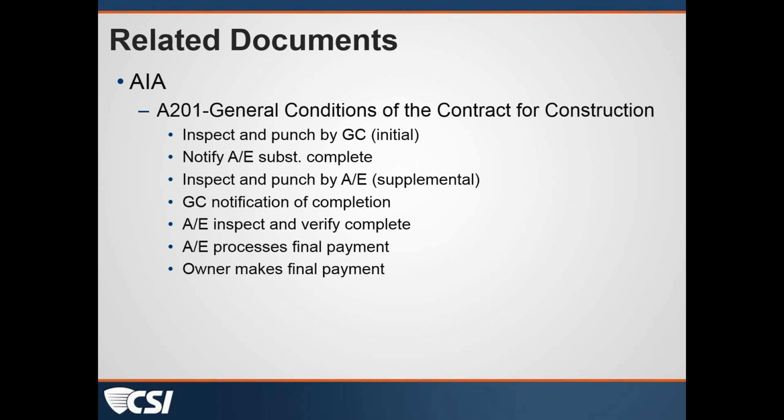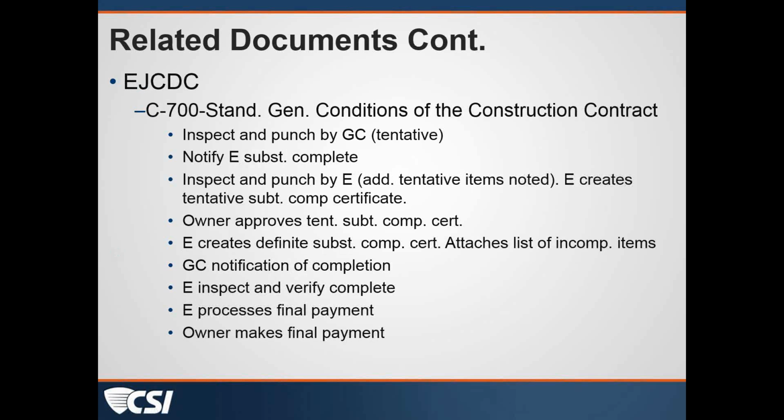Matthew, if we go to the next slide, the outline is fairly similar within the EJCDC documents, but it varies just a little bit. And this is the C700 standard general conditions of the construction contract. First, the project is inspected and a punch list is done by the general contractor, which is a tentative punch list. They then notify the engineer that the project is substantially complete.